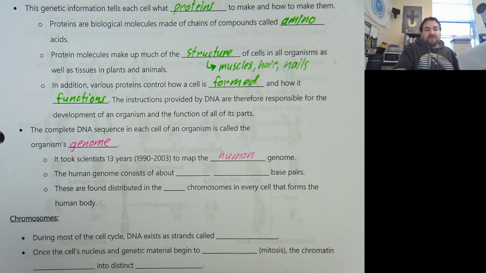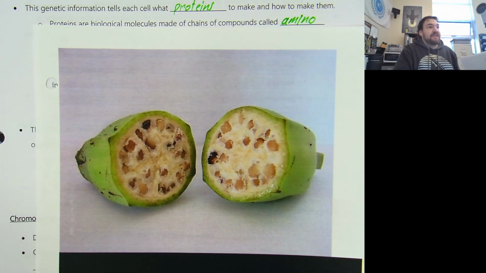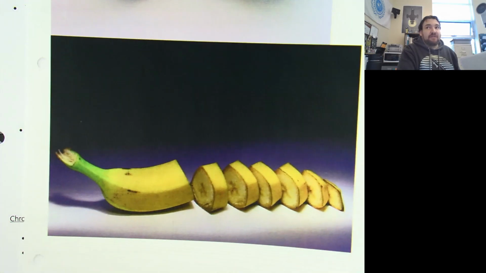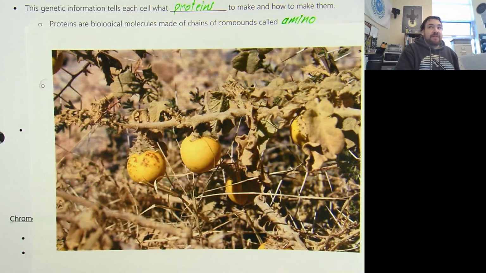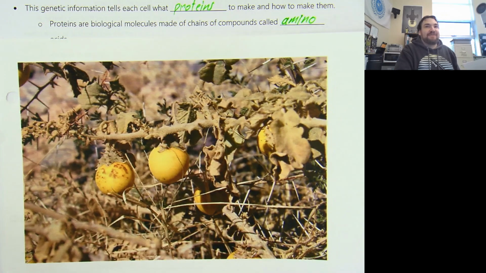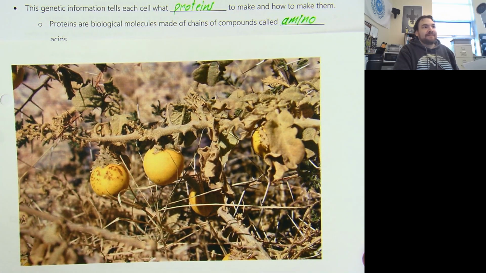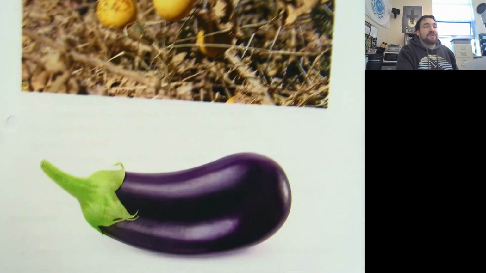You want to see bananas? Here's bananas. This is what bananas used to look like. I have no desire to eat that. That's what bananas look like now. Okay, for those of you who like this particular vegetable, anyone want to guess what that is? You are wrong. In fact, I will give you chocolates if you can correctly guess what this is. I might give you all of the chocolate I have if you can correctly guess what this is. Who knows what this one is?